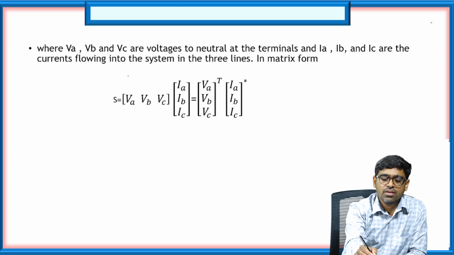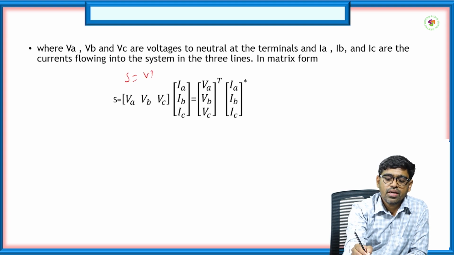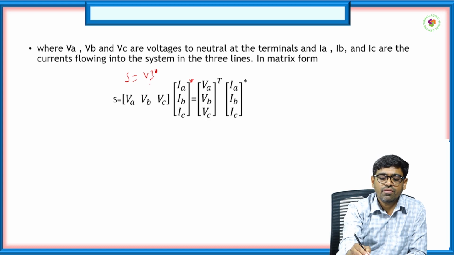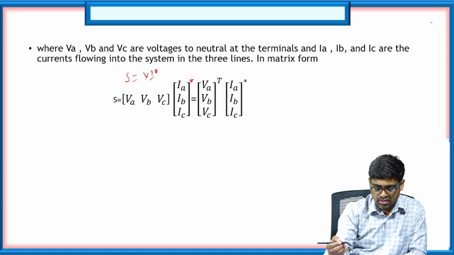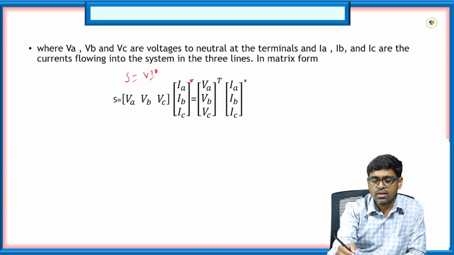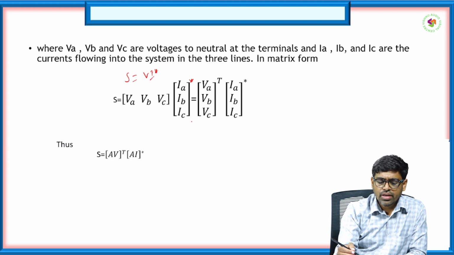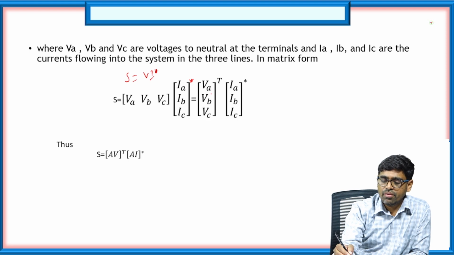So S is nothing but VI conjugate, with the conjugate applied to the currents. We write VA, VB, VC for the three phase voltages and the corresponding currents IA, IB, IC. Now we can write this VA, VB, VC.